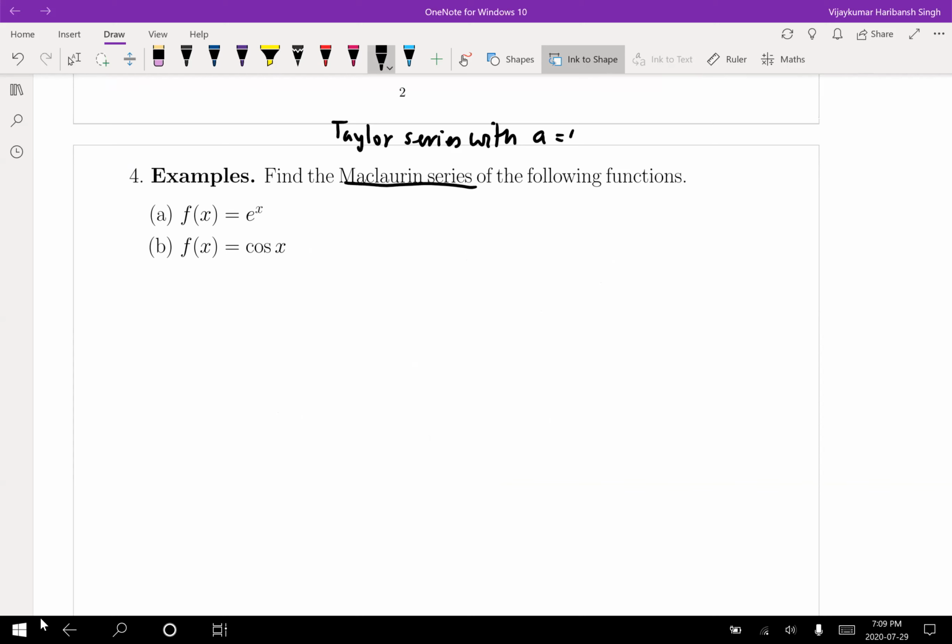That's the best way to remember it. So f(x) will be the summation n equals 0 to infinity of f^(n)(0) divided by n factorial times x to the power n. This is your Maclaurin series.